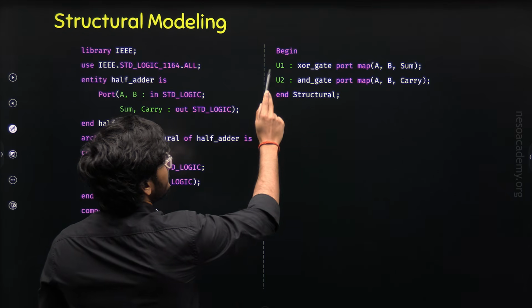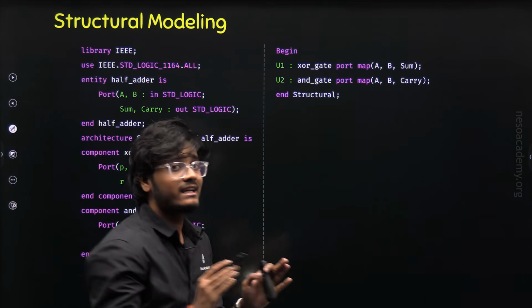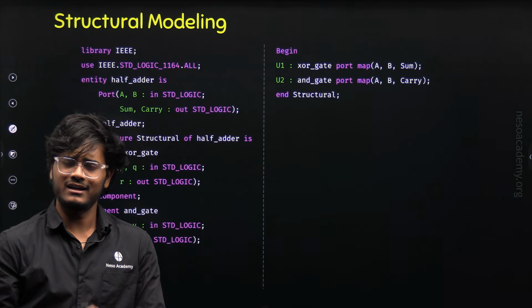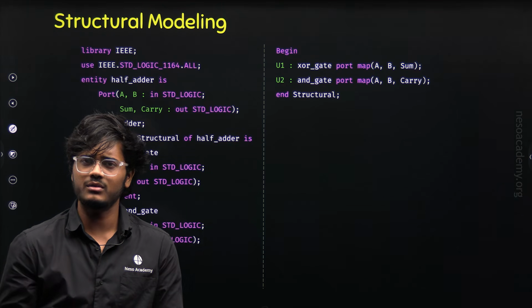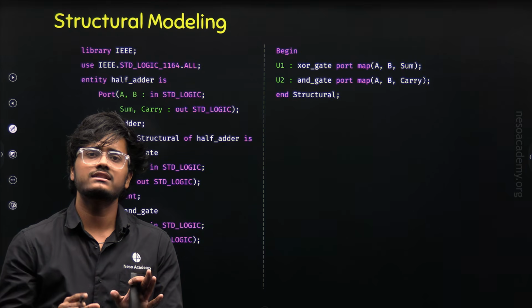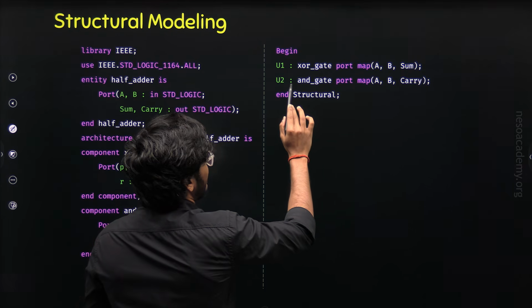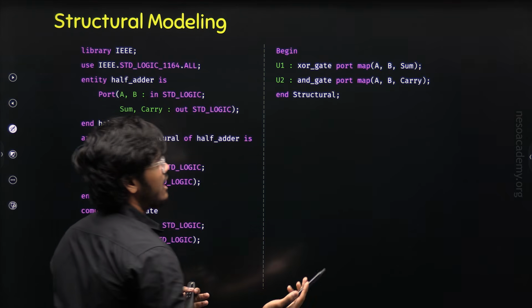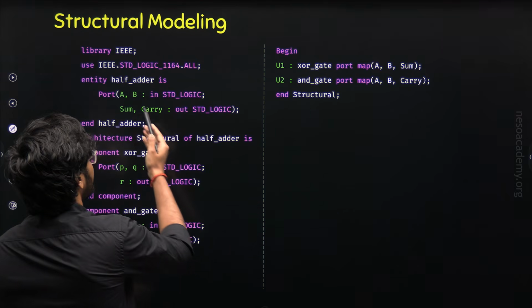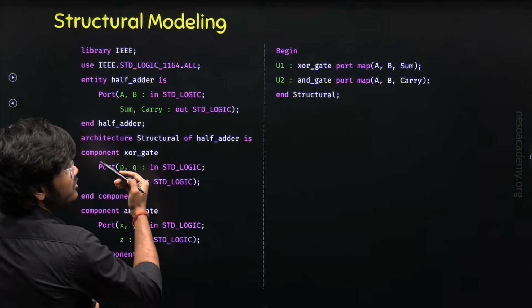Here, U1 and U2 are the instance names. They are not signals, variables or components. They are simply names that we are using for the XOR gate and AND gate. And how to declare them? Just like we declare input and output ports.